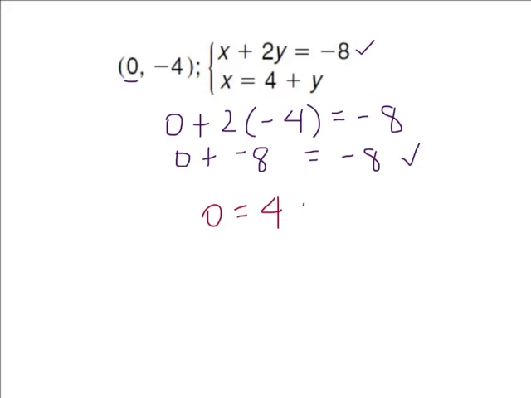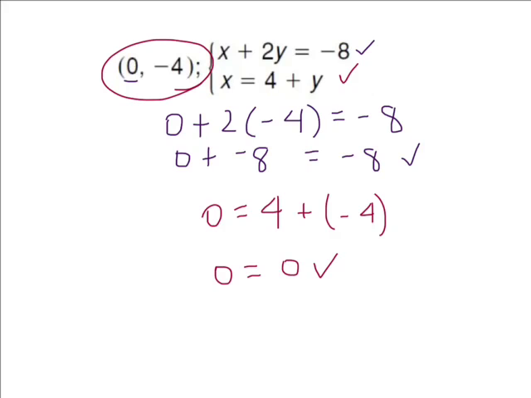Everywhere I see a y, it becomes a -4. Well, 0 does equal 0. It checks out. This is a solution. (0, -4) is a solution to the system.